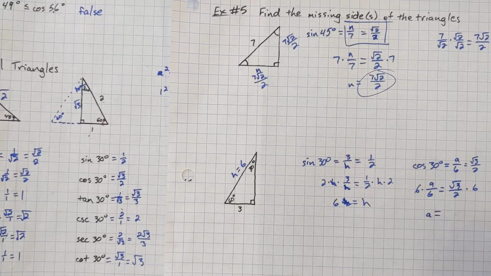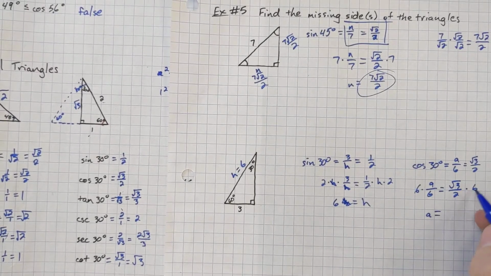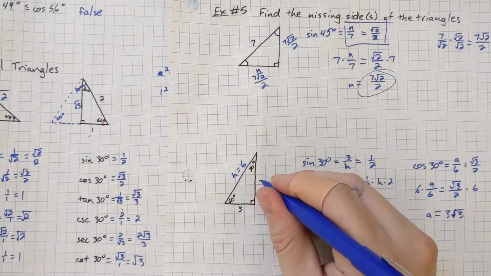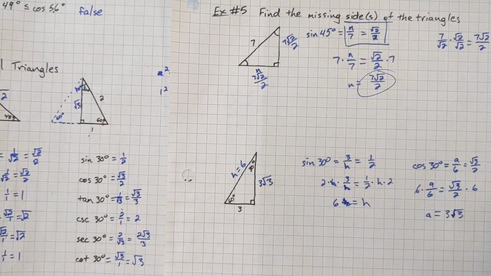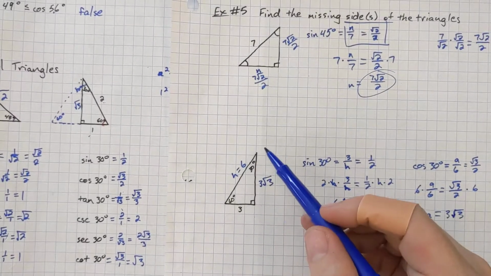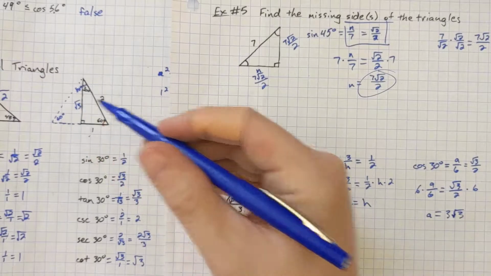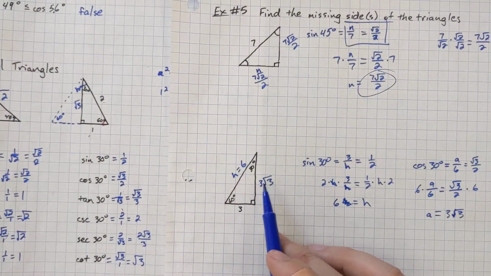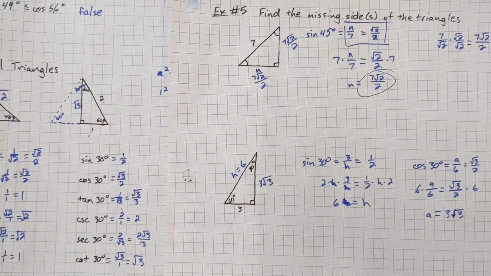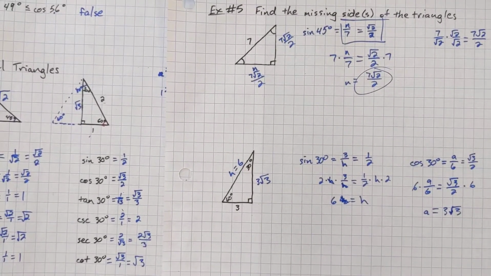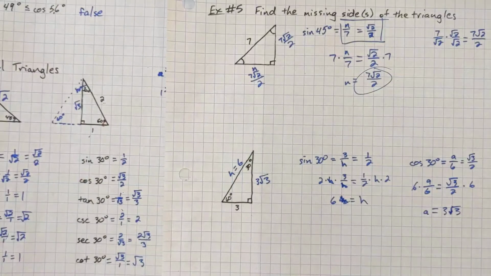So A is equal to 6 divided by 2, which is 3, so 3 square root of 3. So here's my 3 square root of 3. Now, if you think back, remember, short side times square root of 3 gets us to the longer leg. So short leg times square root of 3. You can use that as well, but we can use trig functions to solve those or use similar triangles.